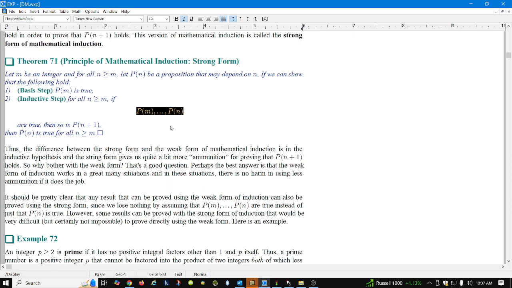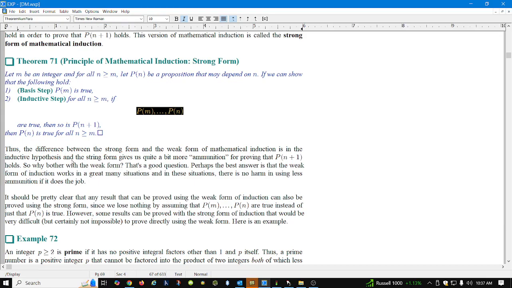And the cruel answer is you don't need the weak form. But most people will still use the weak form when it is sufficient to do the job. I don't know why that is, but even I do that. If I know the weak form is going to work, I use it.